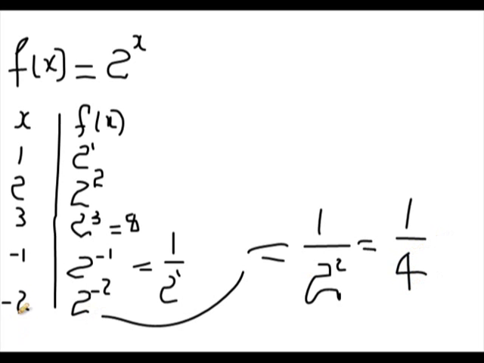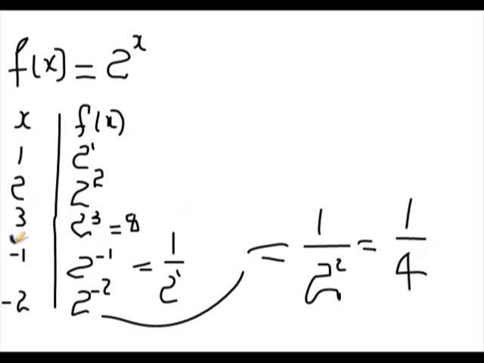So we see, if we keep taking values like -3, the result is always going to be positive, even though those values are going to be 0 point something. They're going to be between 0 and 1.